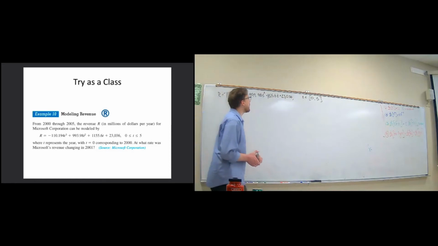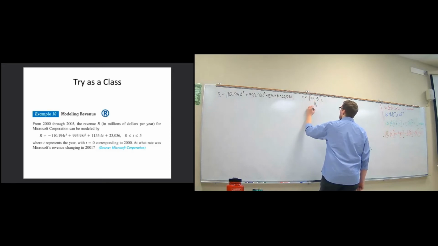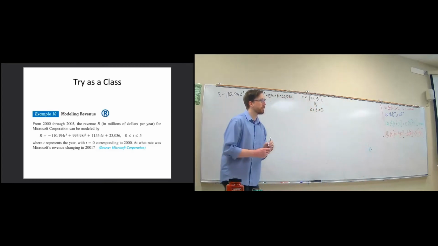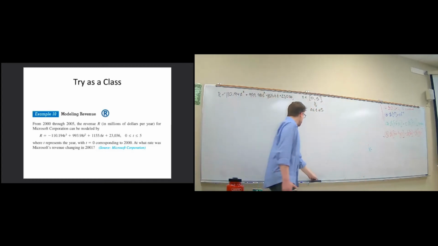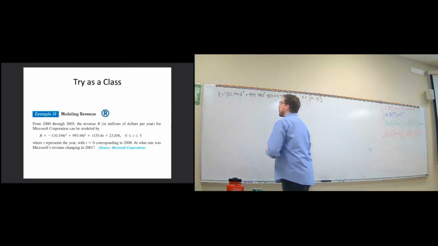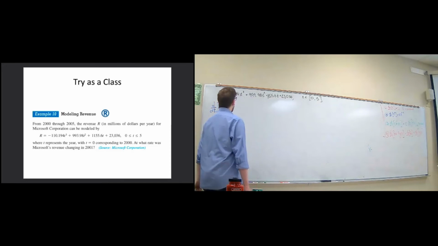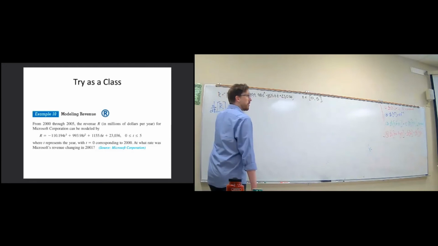It's the same thing as saying the same thing as that. All right, so t's in this interval. We want to take the derivative of this. Well, that's going to be the derivative of this.